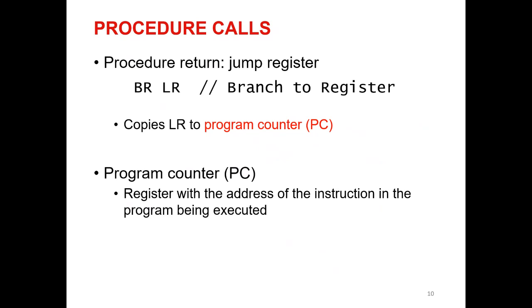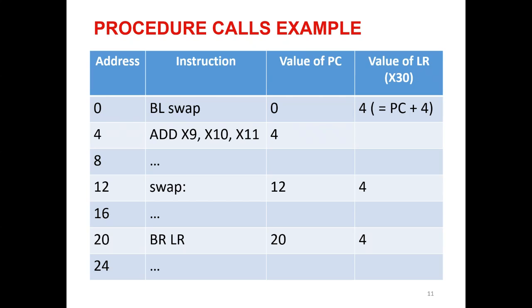And as we have jumped to a procedure and we want to return back, the program is not sequential. So in order to make this jump, we modify the value of the program counter. We modify the value of the next instruction to be executed. So let me show you with this example.